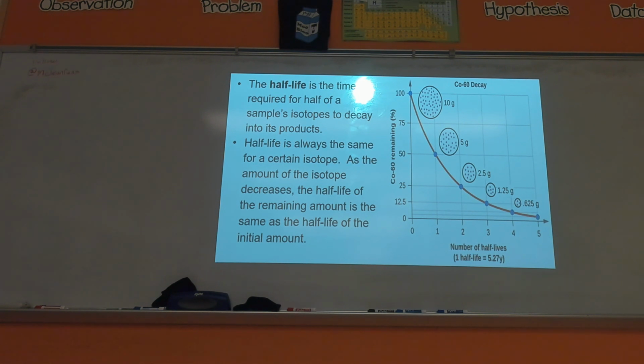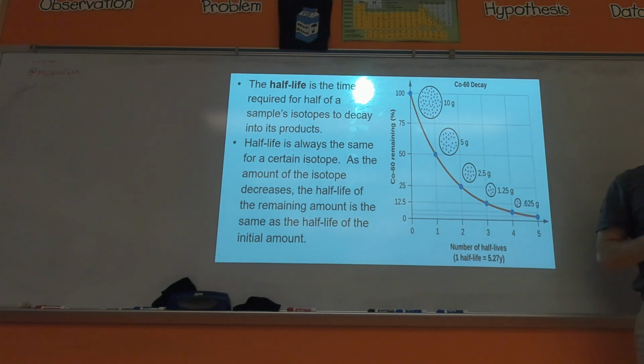Not neutrons, not protons, not electrons. Neutrons and protons together, not the atomic number, it's the mass number. So Co-60, that's a cobalt with a mass of 60.